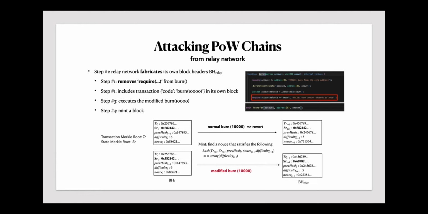So in step 4, it could still mint a block with 10K tokens on top of it, which can create inconsistent states between the source and the destination chain.